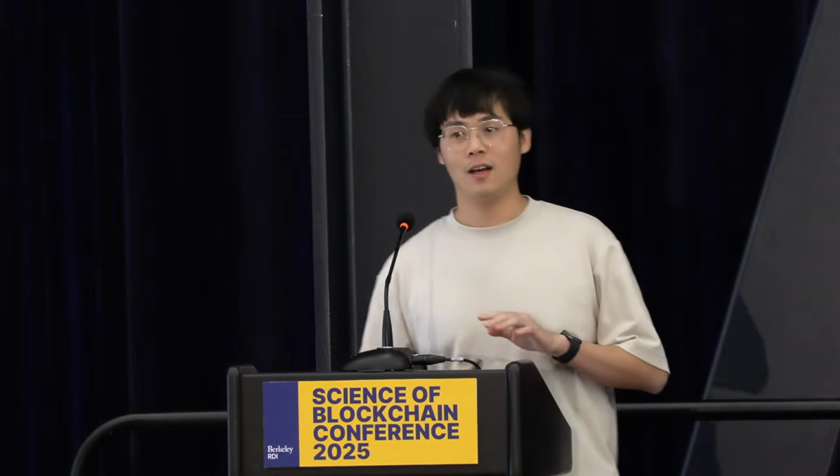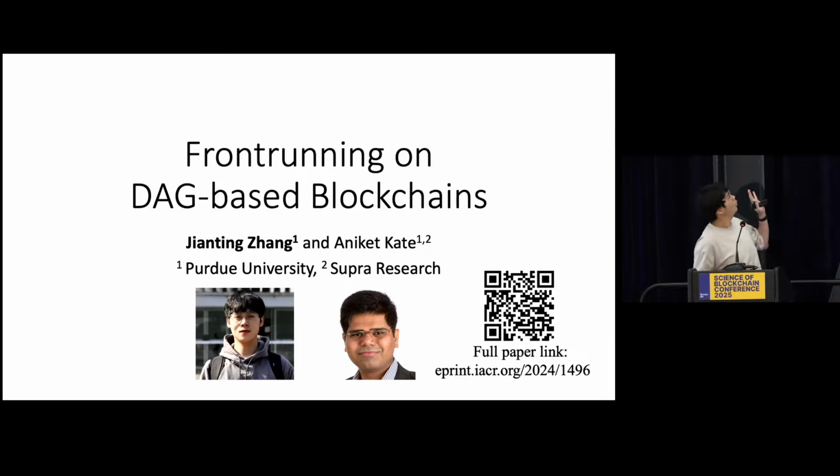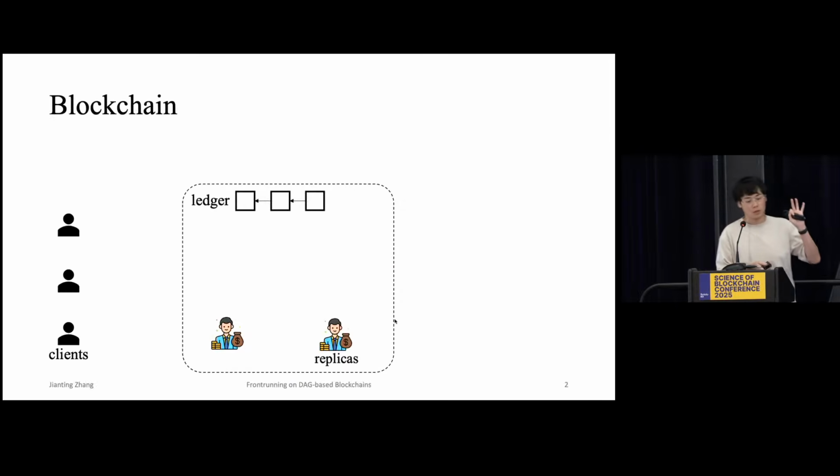Let's begin with a quick refresher. What is blockchain? Briefly, blockchain is a state machine replication that consists of two major entities: clients, sometimes called users, who want to use the blockchain service, and replicas, sometimes called validators or miners, who are responsible for maintaining the blockchain ledger.